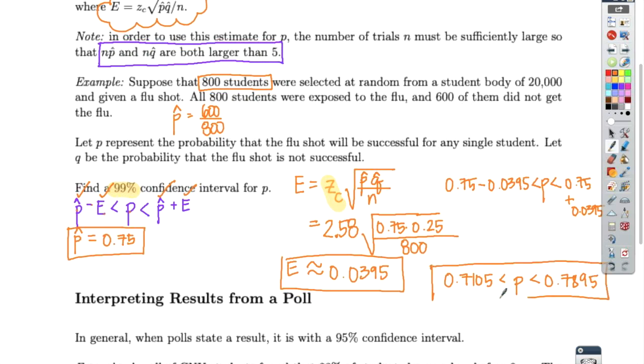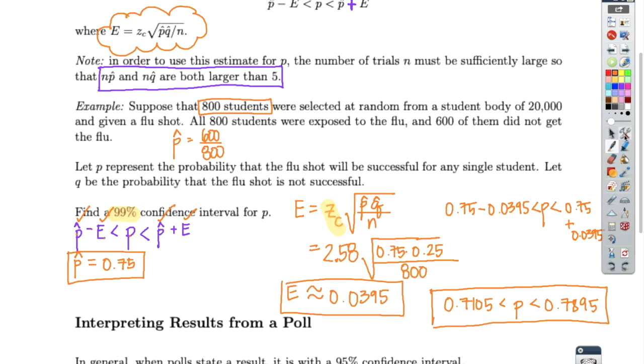I'm 99% confident that the real probability, not of a sample, but of the entire population, probability of success, is somewhere between 0.7105 and 0.7895. That seems like a pretty reasonable estimate because for our sample of 800 students, we found a sample probability of 75%. So this is about 71 and 79% if you're rounding, right in the ballpark of what we already found.